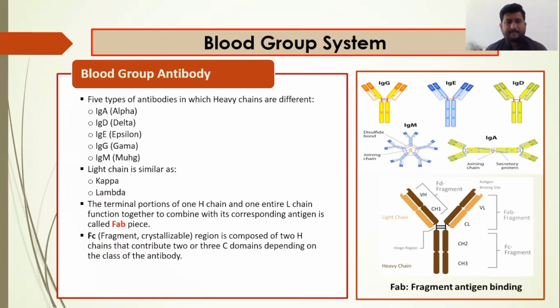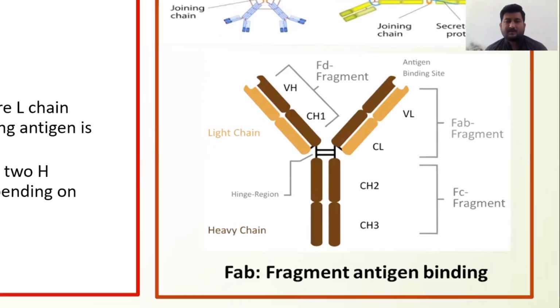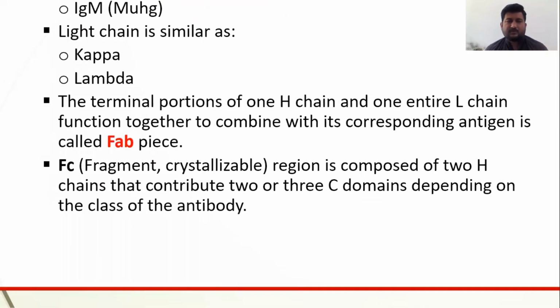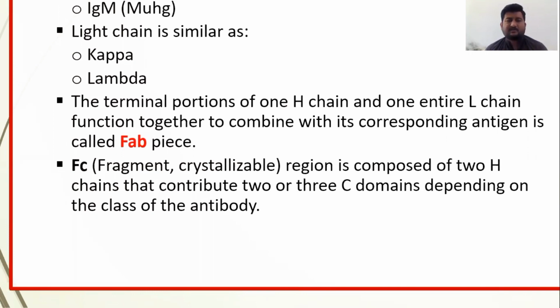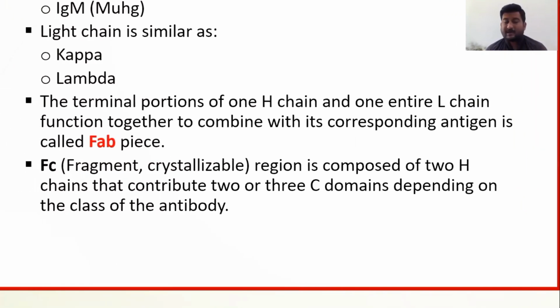The Fc. यहाँ पे आप देख सकते हैं कि ये जो हमारी terminal portion है heavy chains का और light chains का, और इधर भी heavy और light chain दोनों, इनको हम बोलेंगे Fab fragment. Fab fragment mean the fragment antigen binding. तो here जो हमारा fragment crystallizable region is composed of 2 heavy chains that contribute 2 or 3 C domains depending on the class of antibody.